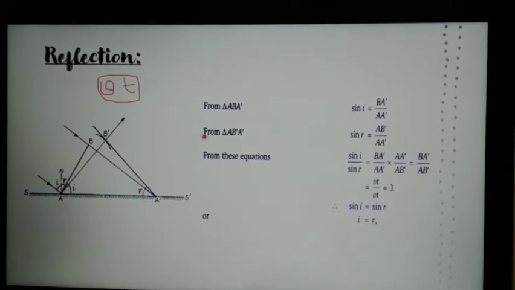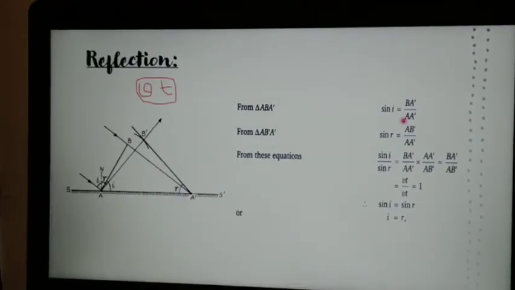For that, you have to consider the triangle AB A dash, in which B A dash will be Vt. See, sin I is equal to B A dash divided by A A dash, and from the triangle A B dash A dash, sin R is equal to A B dash divided by A A dash.